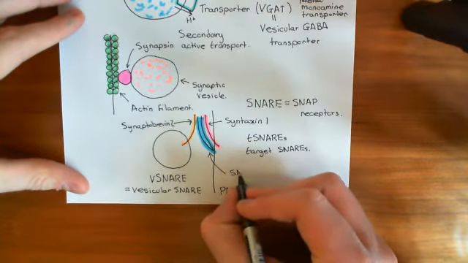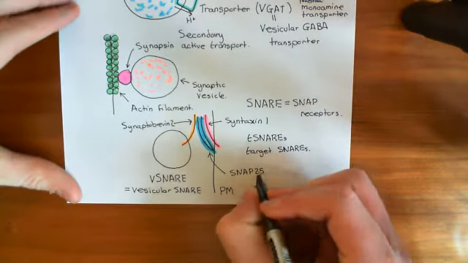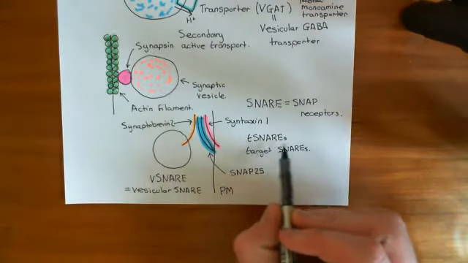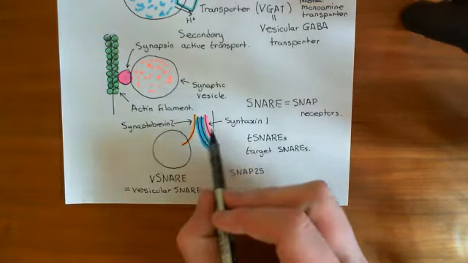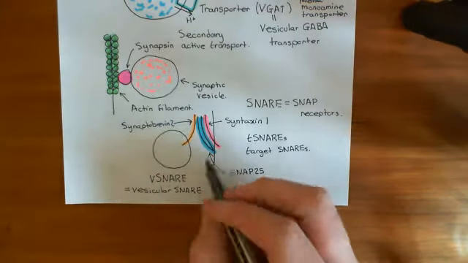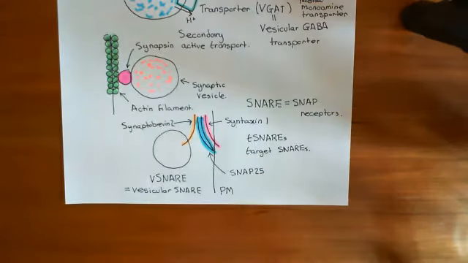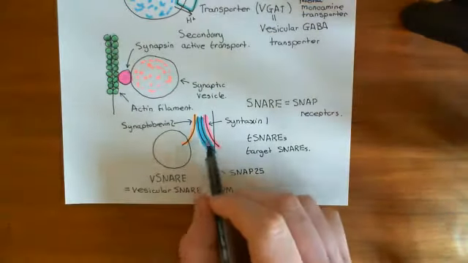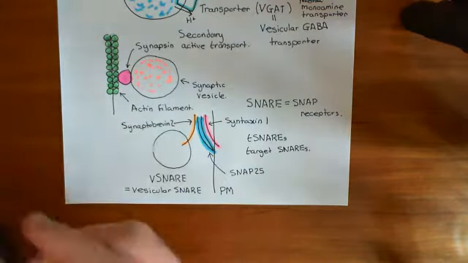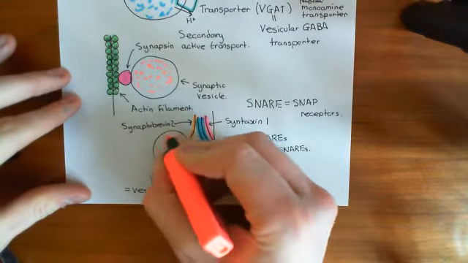Now, what happens first? First, syntaxin 1 and SNAP25, which are both T-SNAREs, meaning they're both in the plasma membrane, will associate and form complexes, where the alpha helix of syntaxin 1 wraps around the alpha helices of SNAP25. Then our synaptic vesicle will come along, and I'll make it more obvious that it's a synaptic vesicle by filling it with neurotransmitter.